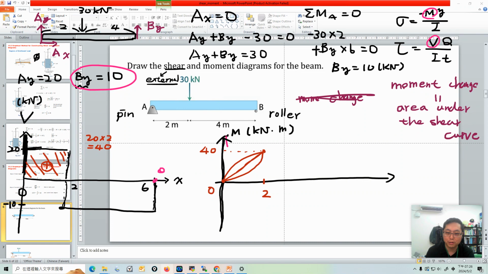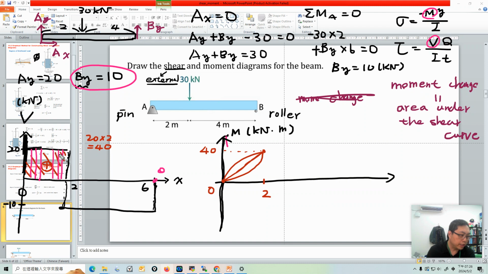You need to know your shear force diagram. Let's see if we slice this area. You see this slice? Each area is the same.